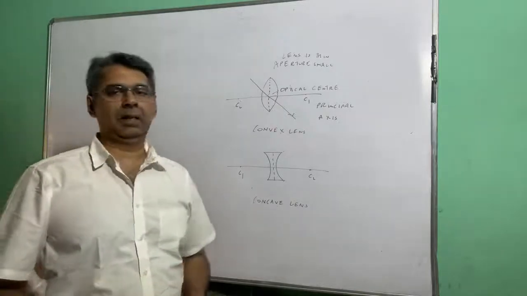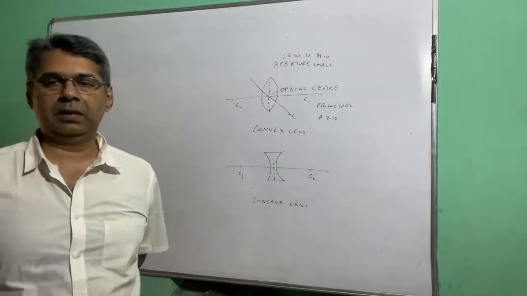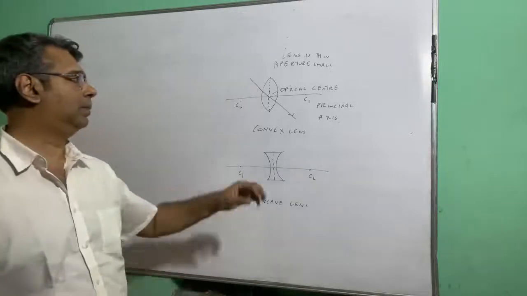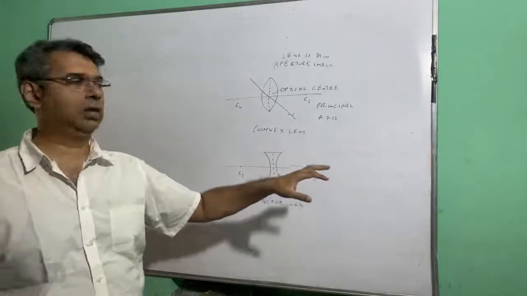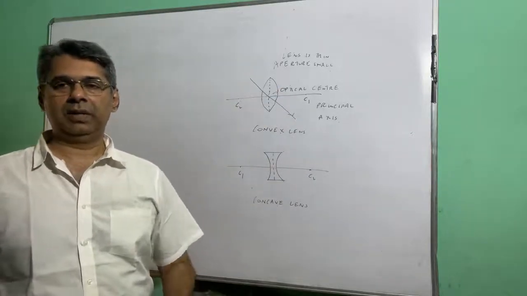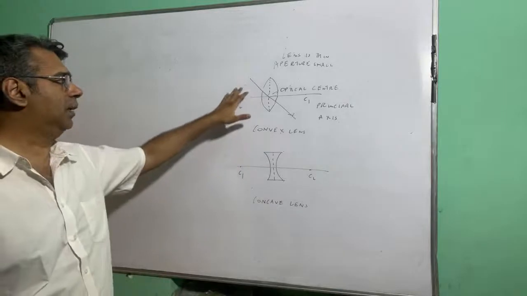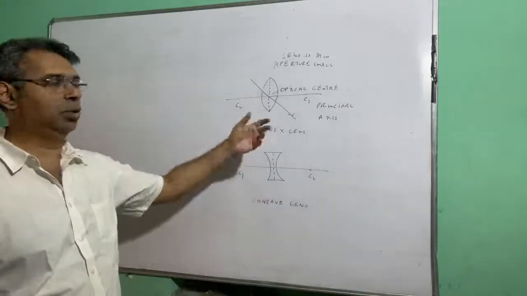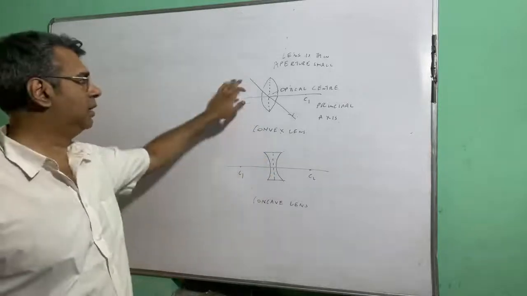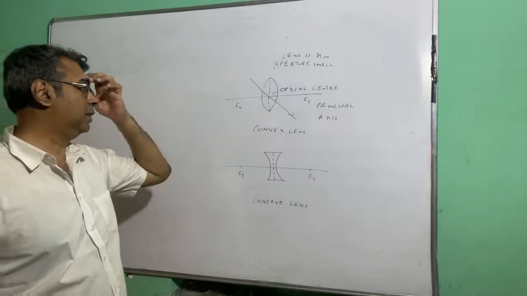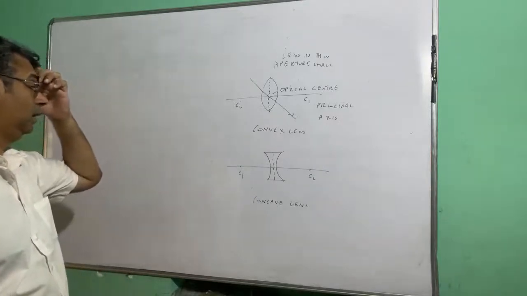So this is a very good definition of optical center. Instead of giving a long definition like optical center is the center of the lens, or the point of intersection of these two lines, we can just say it is that point inside the lens at which no refraction takes place. That means if a ray strikes at optical center, it will go through. So that is the definition of optical center, right?